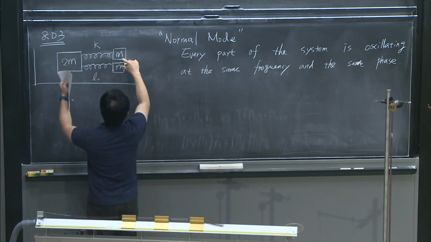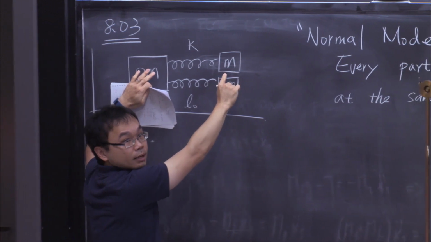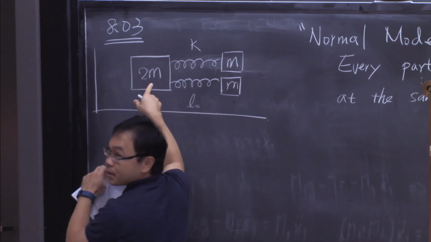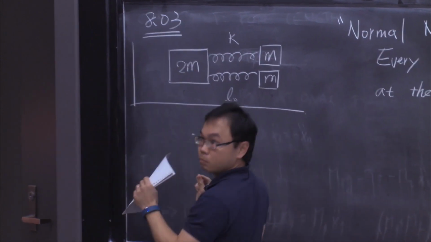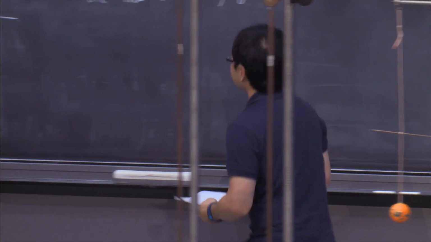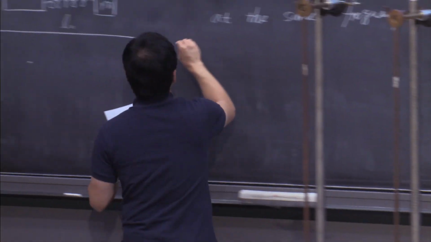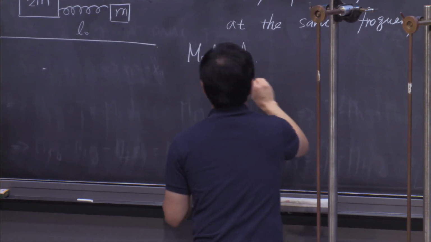Very good. So he was saying that now I displace the right-hand side two masses together by a fixed amount, and also the left-hand side by a fixed amount, and let go. Okay? So that's what you're saying, right? So the first mode we have identified is like this.